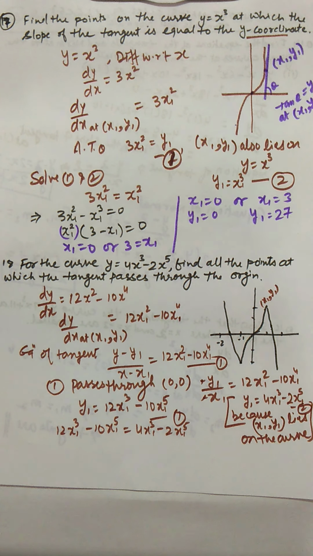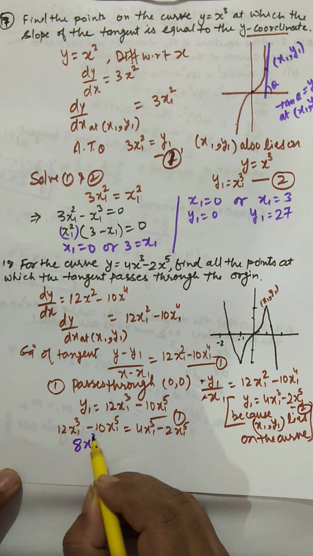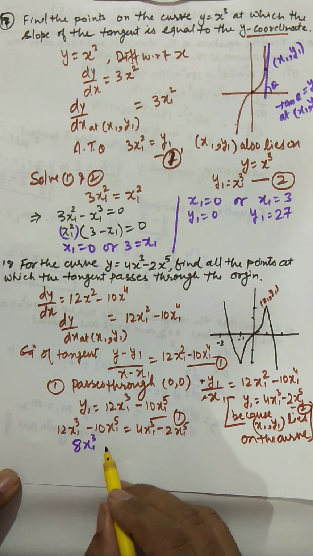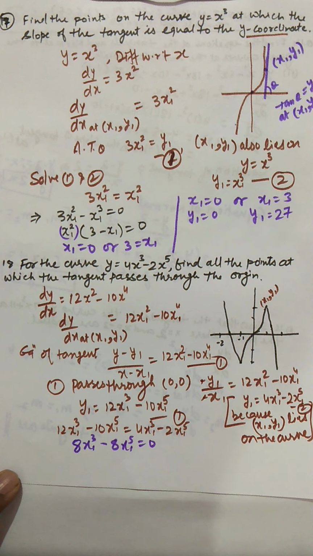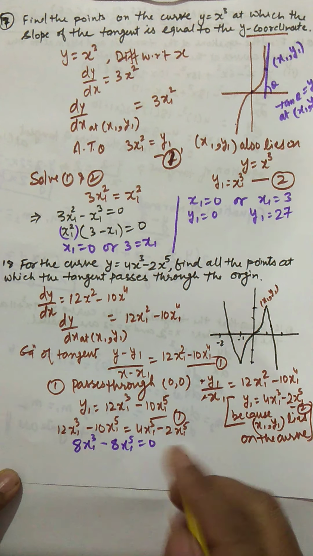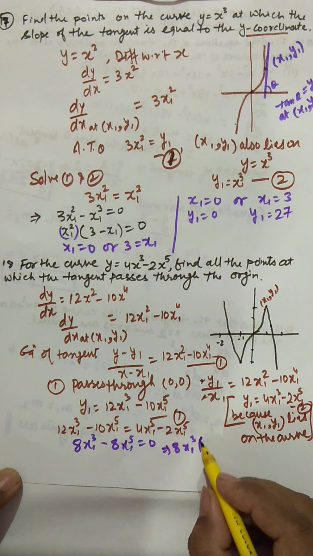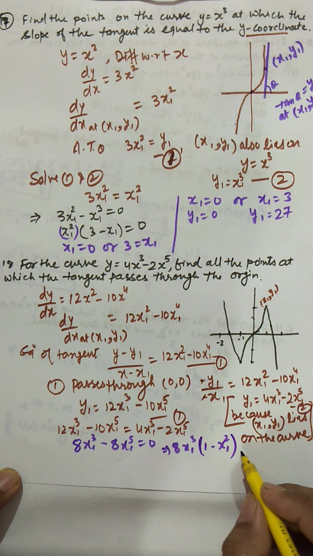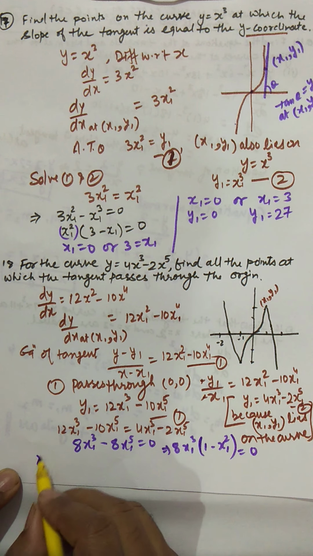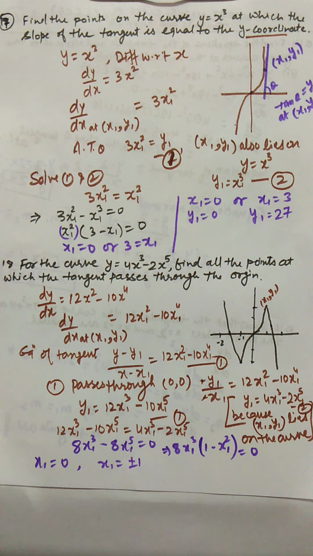We can simplify further: 8x1³ - 8x1⁵ equal to 0. Now you can take 8x1³ common, giving 1 - x1² equal to 0. So x1 is going to be 0, and from this equation we get x1 equal to plus or minus 1.